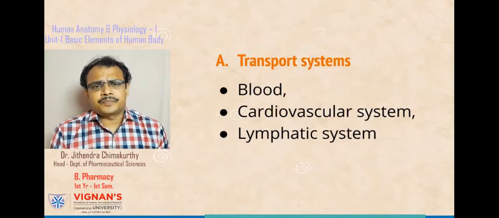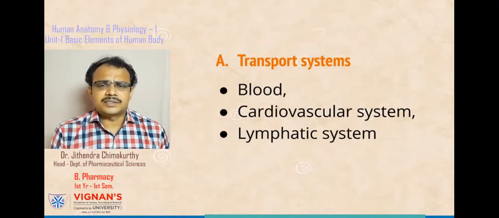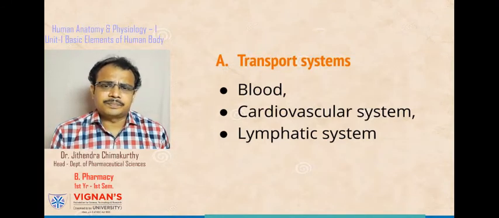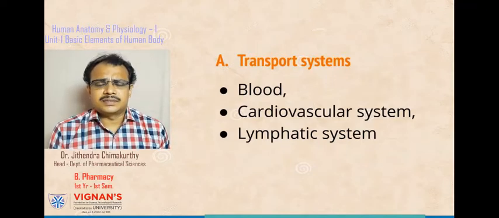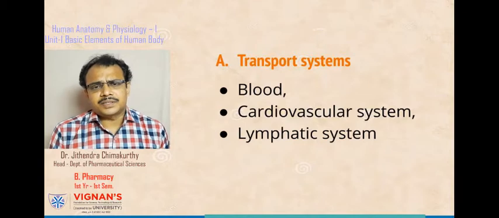So in this way, blood, cardiovascular system and lymphatic system regulate the various necessities to the cells.